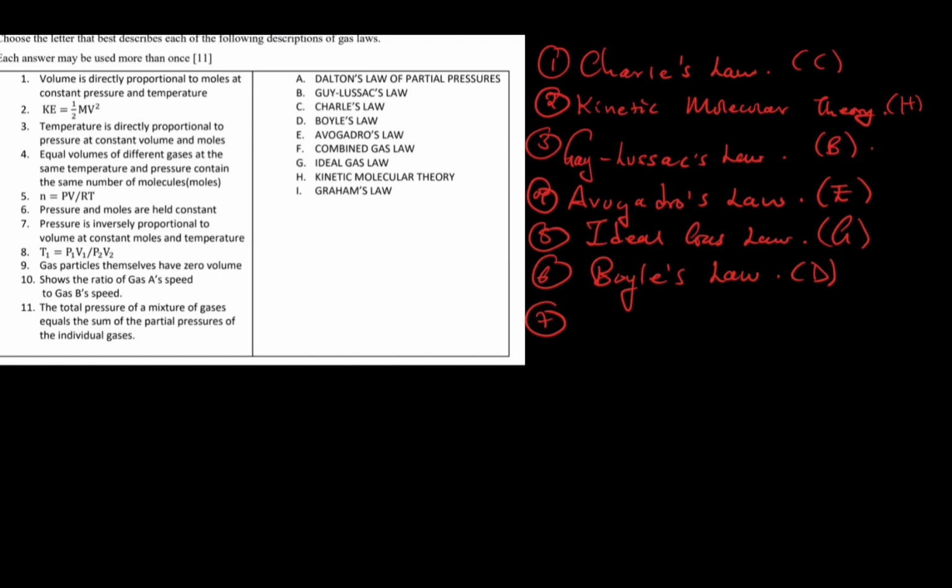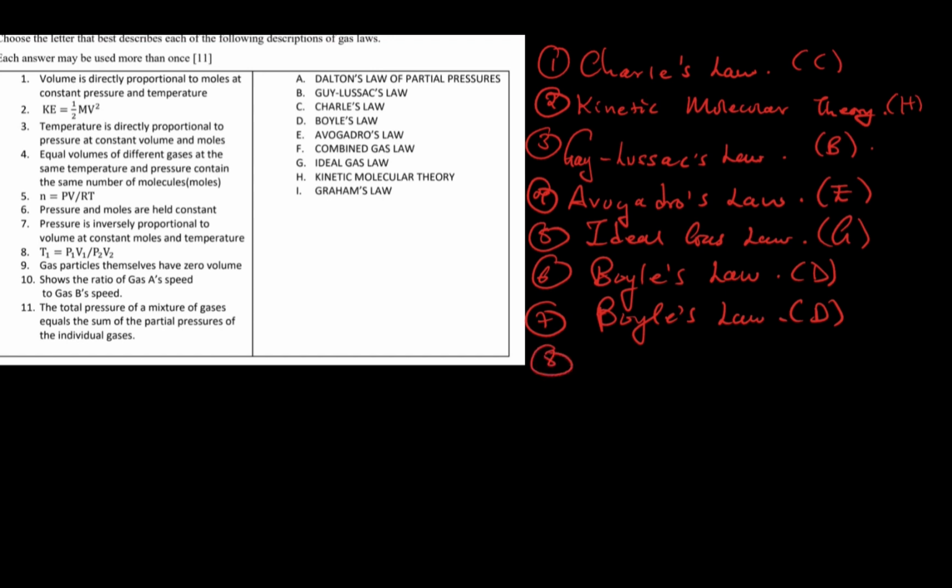Be mindful of the terminology of constant in my explanation. The temperature and the pressure are constant, but again, the volume of the gas is inversely proportional to the pressure. So we also have Boyle's law, which is D again.